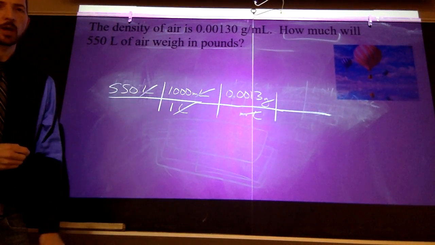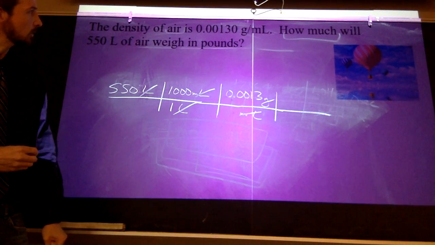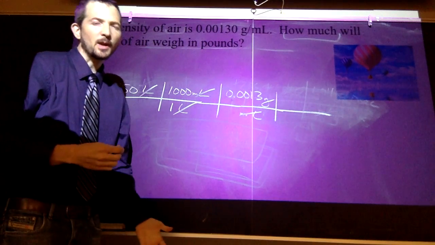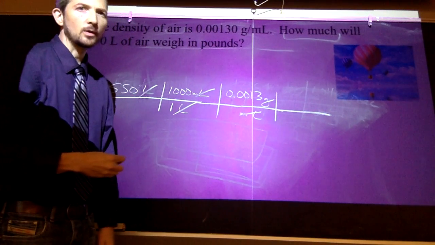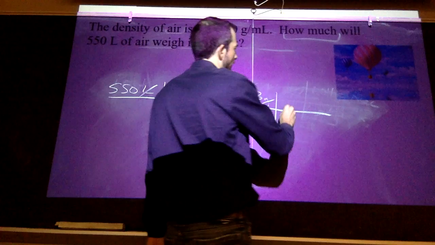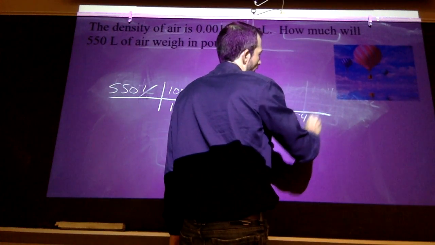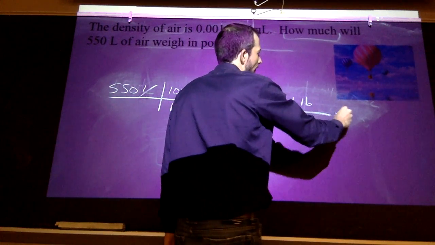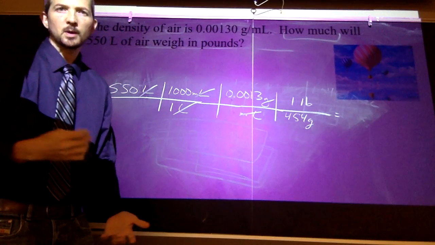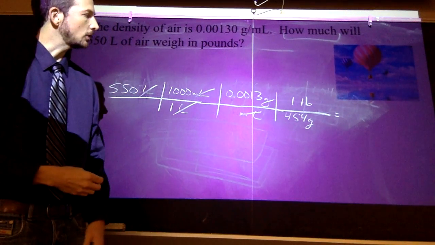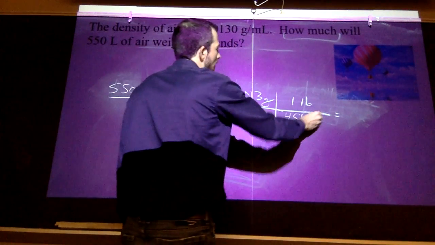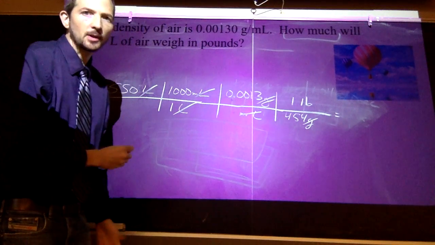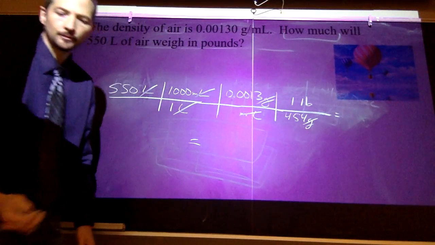Now I need to go from grams to pounds because it says how much does it weigh in pounds. So you may have to look this one up. It's 454 grams in a pound. Or if you remember 2.2 pounds in a kilogram, you could use that as well. Grams cancel out. I'll be left with my answer in pounds.